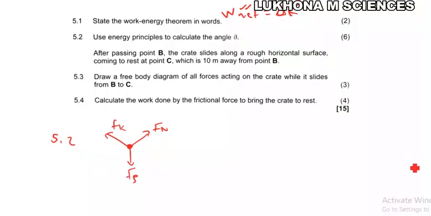Now we must remove the normal force because it's always perpendicular. It does 0 work. So we are left with friction and Fg in this case.